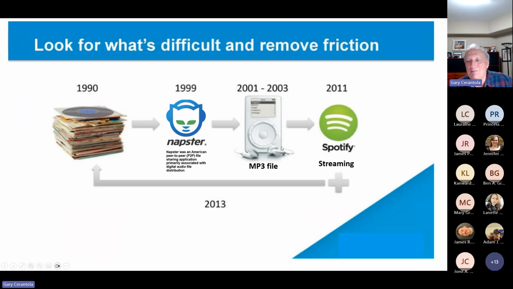And now that's moved even further to streaming, where, if you could put up with the advertisements, you can stream for free or register at a very small amount to be able to get the music that you need. This is a key representation of disruptive technology, happening as we live.